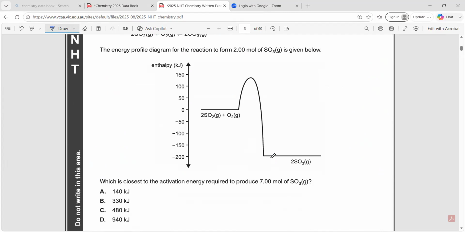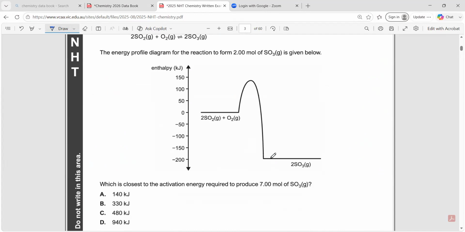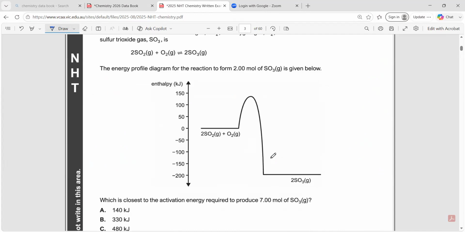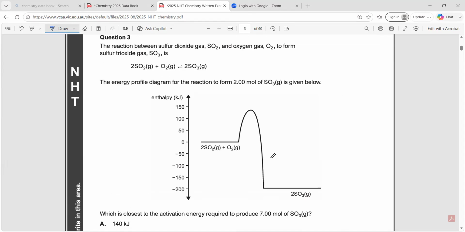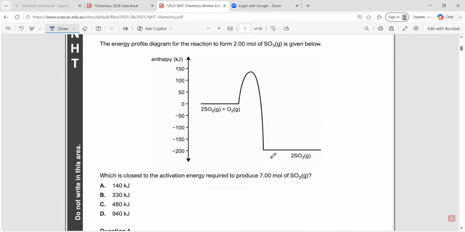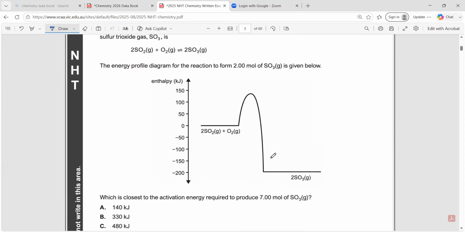Which is the closest to the activation energy required to produce 7 moles of SO3? So I don't think the enthalpy... Oh wait. So does the activation energy actually change? Let's see.